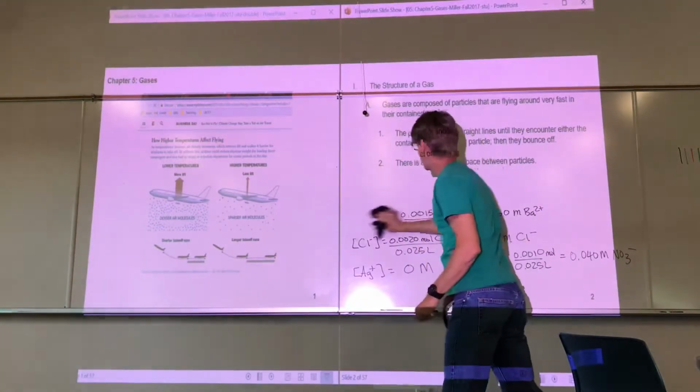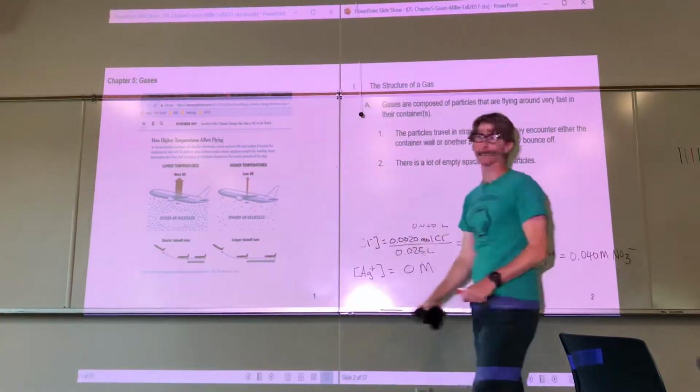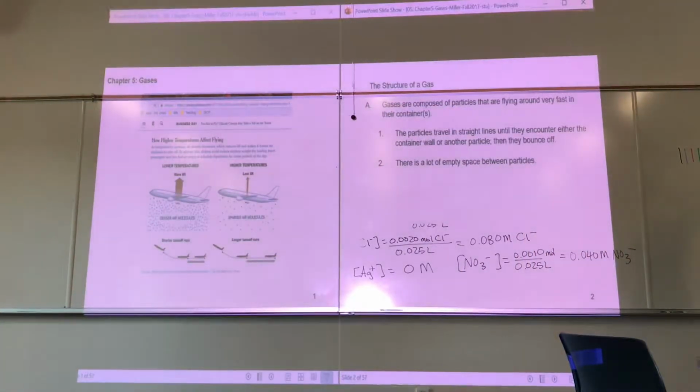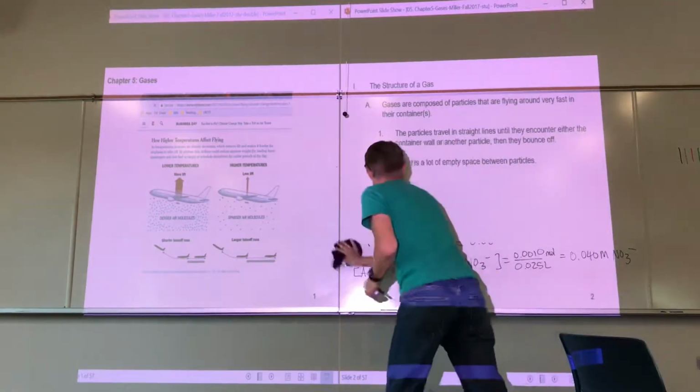Now, how many people have done gases or studied gases in a chemistry class before? Not that many, but some of you. Gases is where things really start to get real, because it's new material, almost all of it, for most of you, anyway.